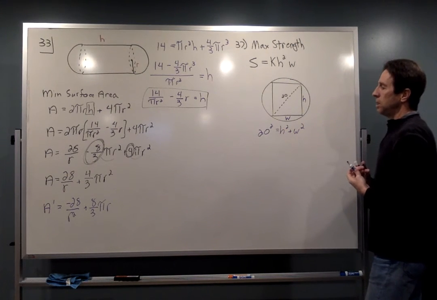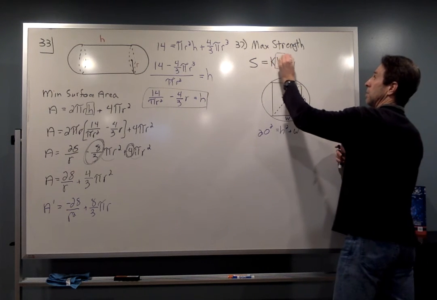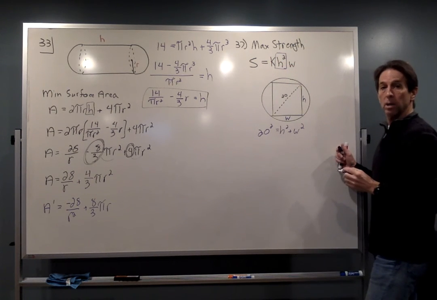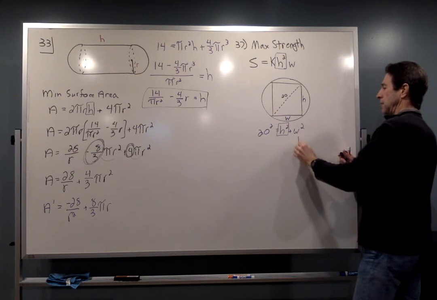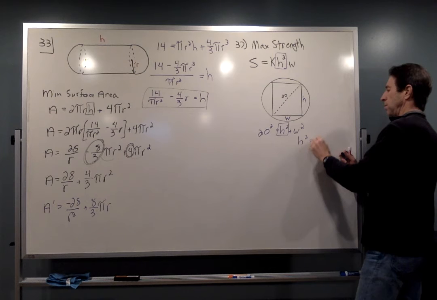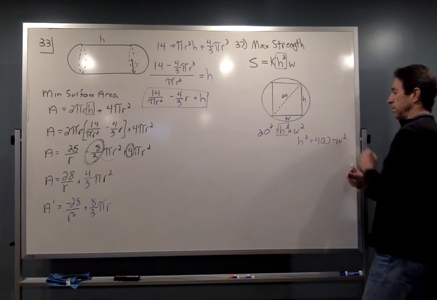Now you might think you need to solve for H or W, but if we look back at the original, there is an H squared in that formula. So I'm just going to solve for H squared. So I get H squared to be 400, which is 20 squared minus W squared.